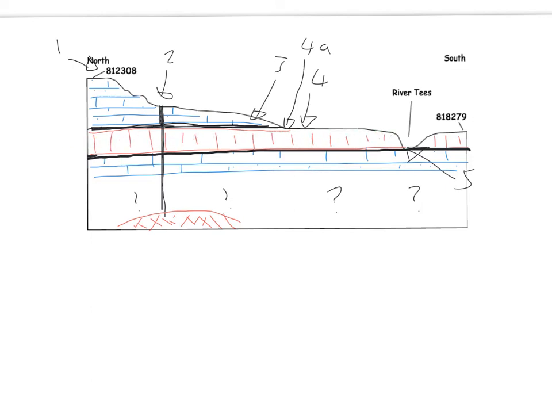As the sill comes through, it metamorphosed the country rocks above and below. Millions of years later, there was a batholith, and hydrothermal fluids injected through a fault line to form this mineral vein, and over time the surface of the earth has been eroded to expose the sill and cause a little bit of weathering and oxidation on its surface. And there we have the geological history and the synthesis.